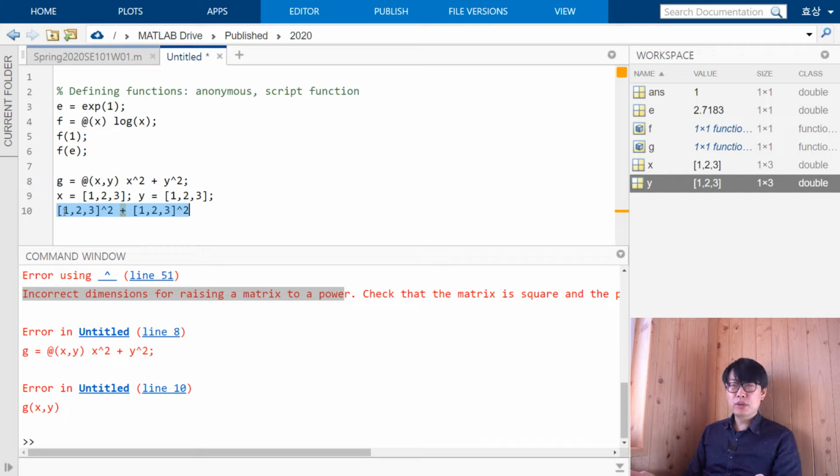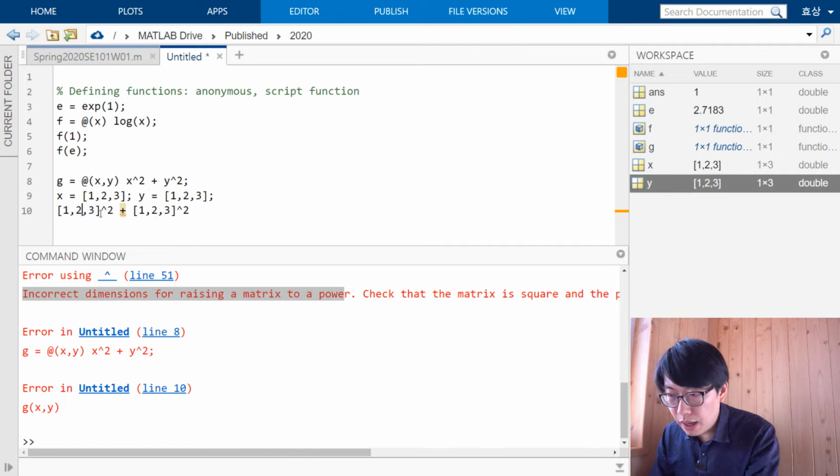The number of columns of the first matrix should be the same as the number of rows of the second matrix. This is not even a square matrix, so this matrix multiplication does not make sense.